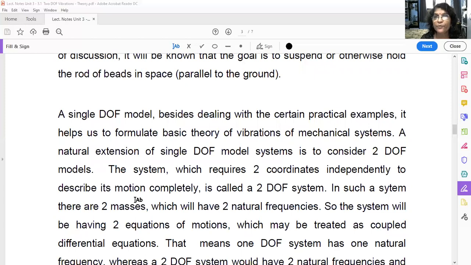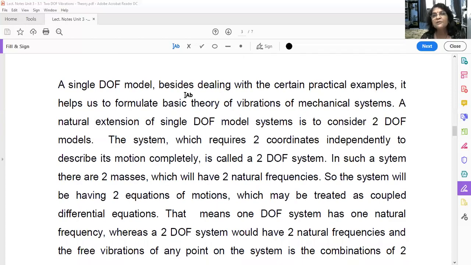Because we want to formulate the basic theory of vibrations of mechanical systems. What we are learning there is how to formulate the equation of motion, how to determine the natural frequency, or how to derive the formula for natural frequency of the system. So like this we have learned basic theory in single D wave system.